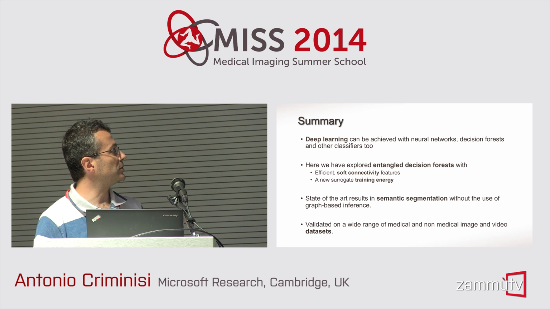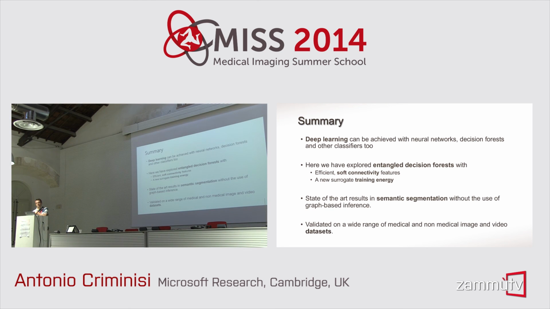We have talked about entangled decision trees and forests, and of course you can have entangled jungles if you want to, though we haven't done that yet. And for the specific application of semantic segmentation, we explored soft connectivity features and then a small modification of a surrogate training energy. And we get state-of-the-art results which compare favorably to CRF-based methods.